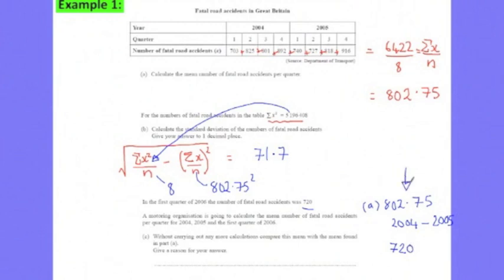This is calculated per quarter because we divided by 8. So we can compare these two values, and we can see that 720 is less than 802.75. Therefore, we can conclude that the mean has decreased.